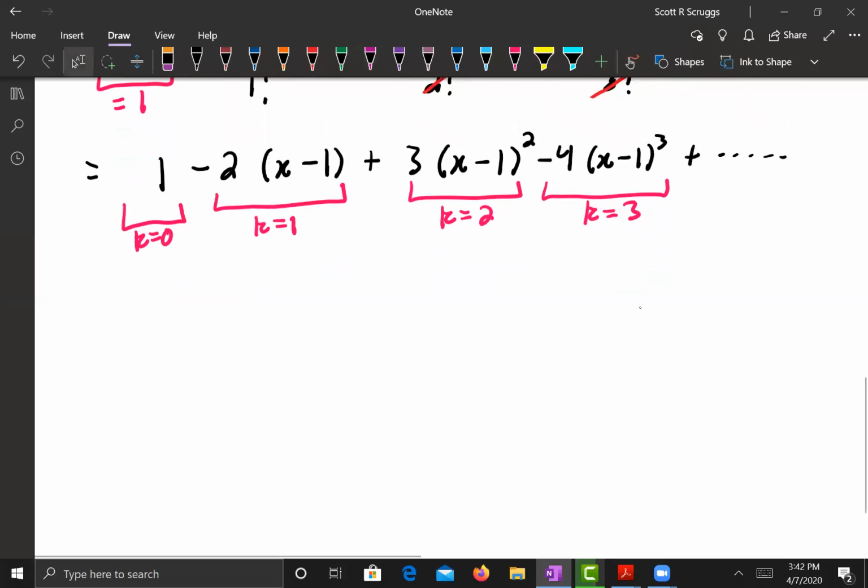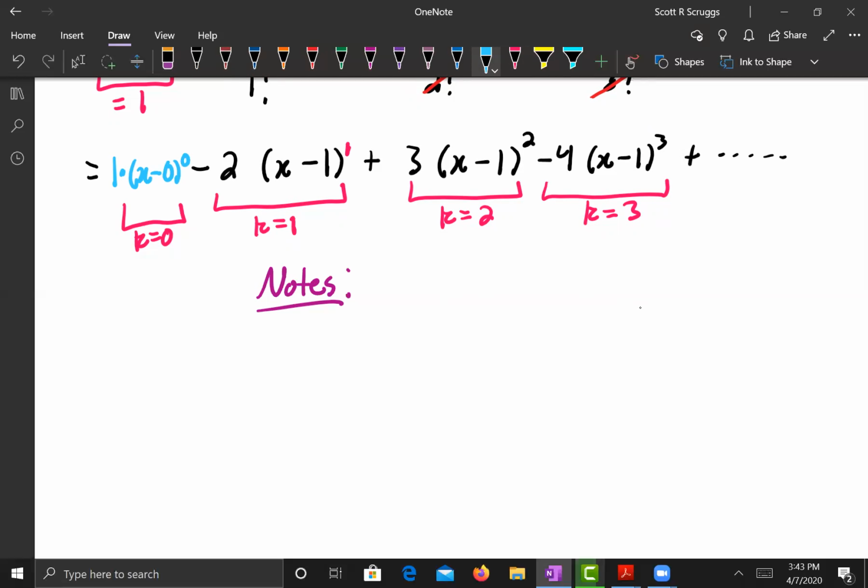So from this, let's make some notes for the pattern. So first note that I'm making is that the power that is with the x minus the center is going to match the index that is occurring. And that's true for k equals 0, because I could just rewrite that as 1 times x minus 0 raised to the 0 power. And anything raised to the 0 power just gives me 1.